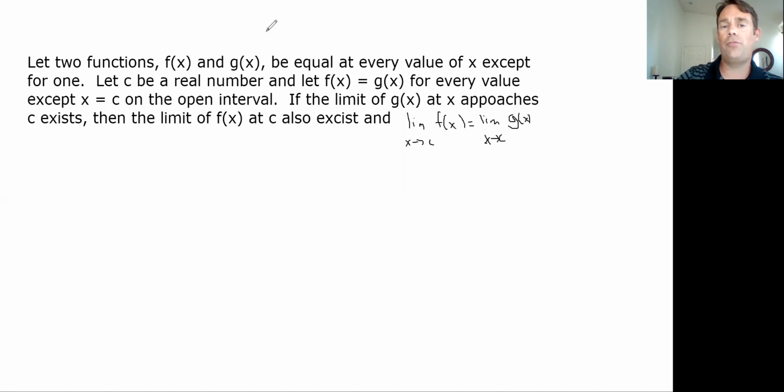So how would we know if two functions are equal at every single value except for 1? So let's take a function here. Let's take the function f of x. And let's say that this function right here is x squared minus 3x plus 2 over x squared minus 4.